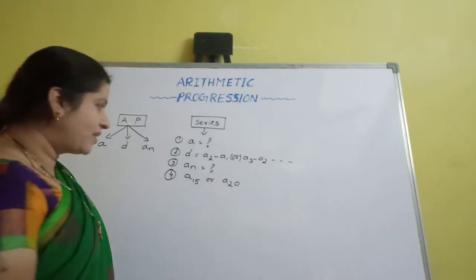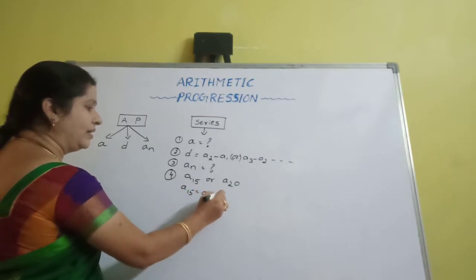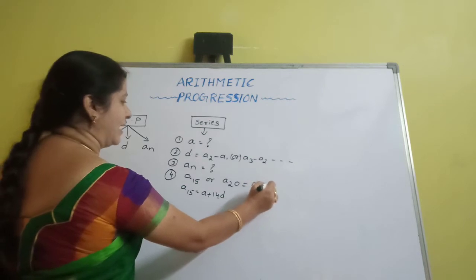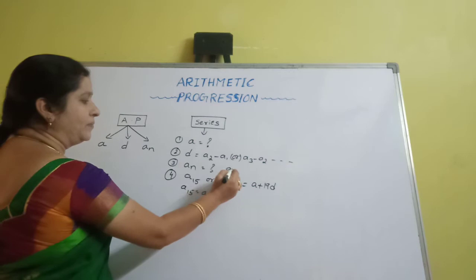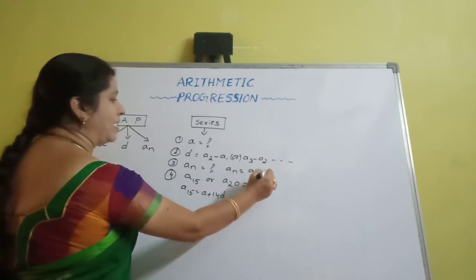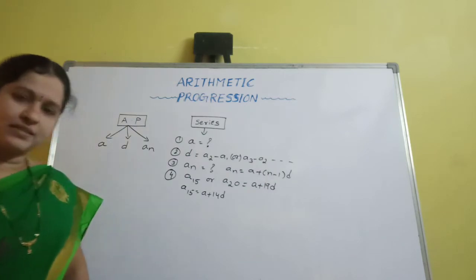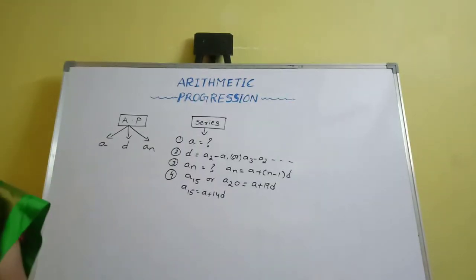What are the formulas for this? a15 equal to a plus 14d, a20 equal to a plus 19d. So the an formula: an equal to a plus n minus 1 into d. These are the formulas we discussed in the previous video. So now coming to the present topic.